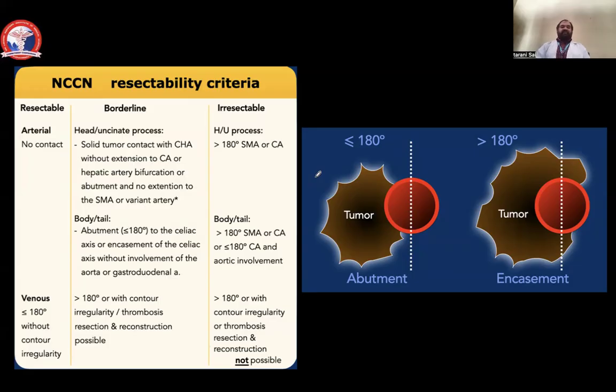So resectable is arterial, no contact. Venous, less than 180 degrees without contour irregularity. Borderline, head and uncinate process: contact with the common hepatic artery without extension to the celiac artery or hepatic artery bifurcation, or abutment and no extension to the SMA or variant artery.